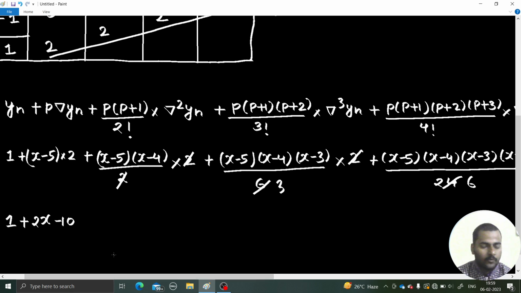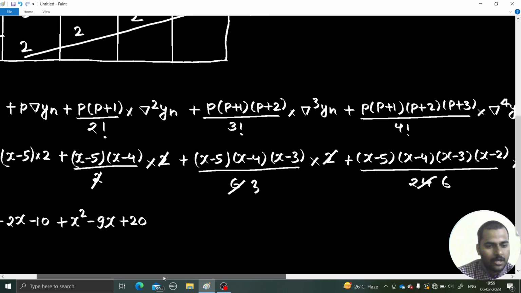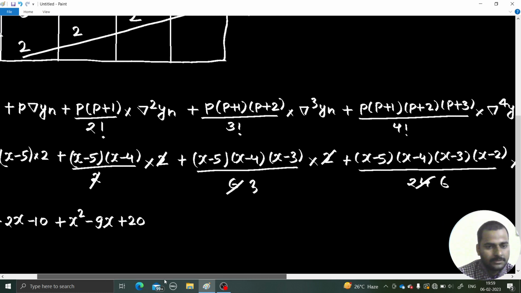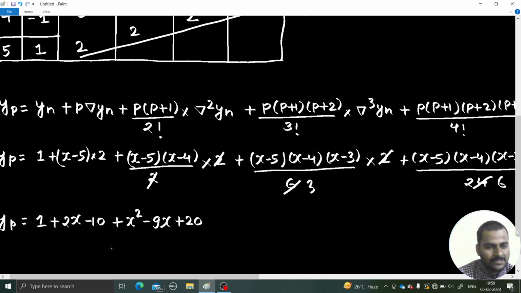Now moving forward, x square minus 5x minus 4x, so minus 9x, minus 5 into minus 4 is 20. I think till now it is fine, and denominator is 1 only here.